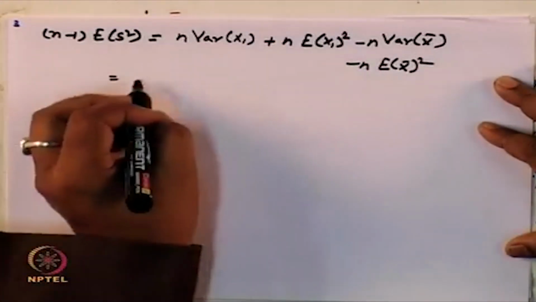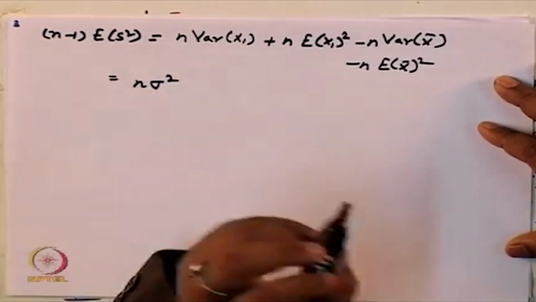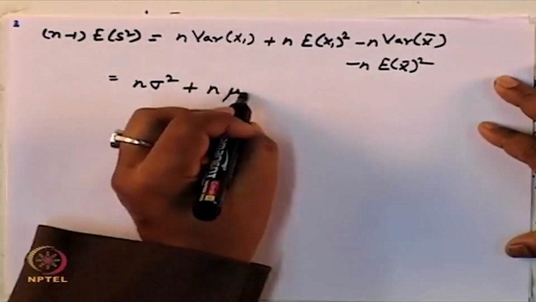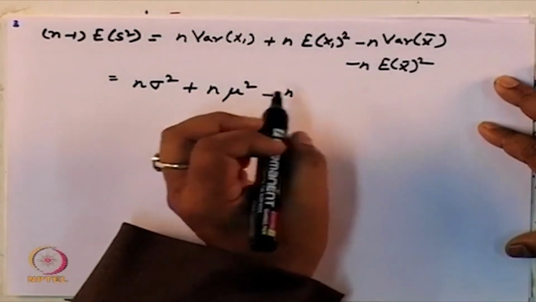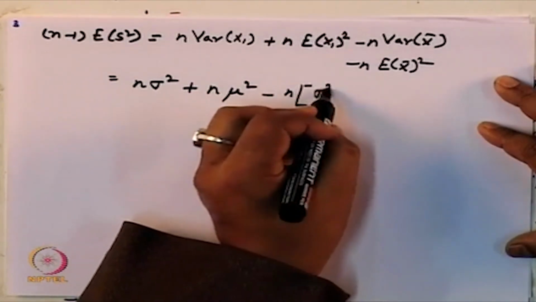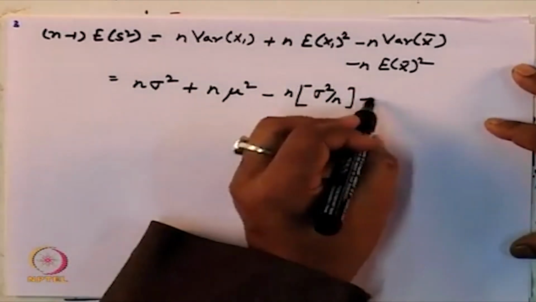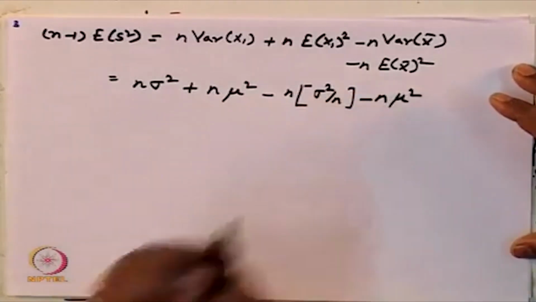I can simplify this: variance of x1 is sigma square, e of x1 is mu so you have n mu square. Variance of x bar is sigma square by n, which we derived, and e of x bar is simply mu, so minus n mu square.